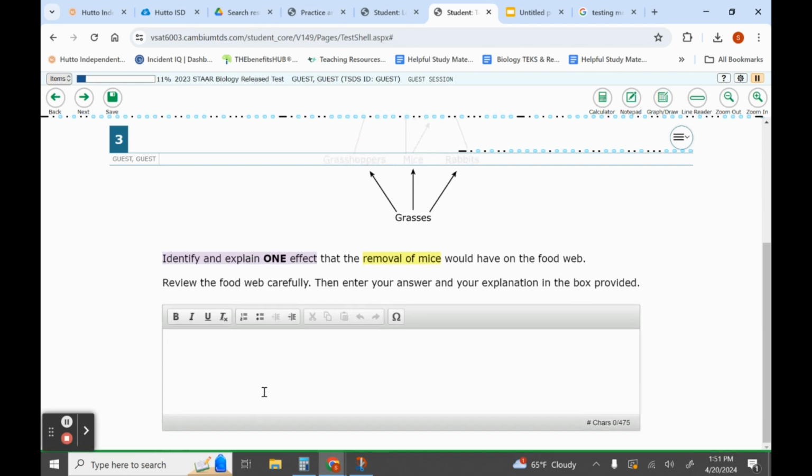I would start my response by saying, if the mice were removed from this food web, then, and then we'll enter in our answer. What you've already done is you've identified the effect, and then you're going to explain it.